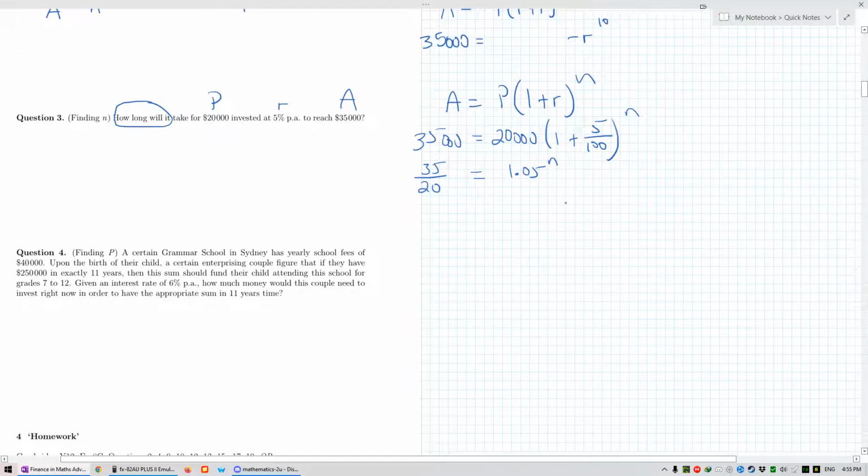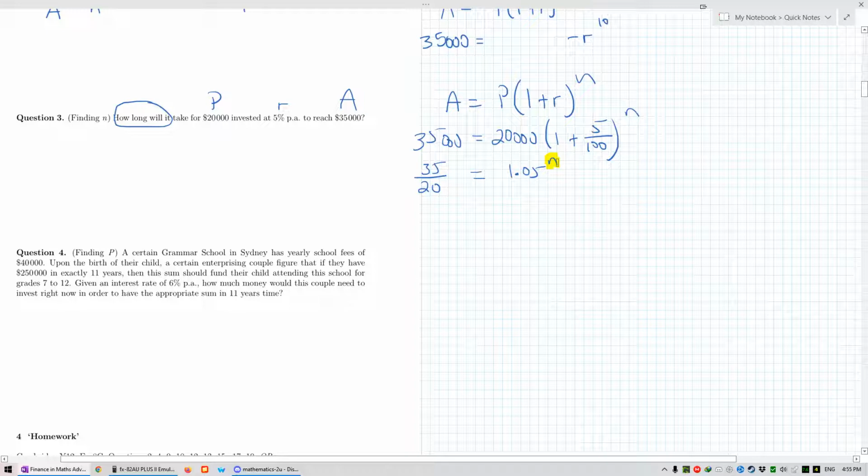So how do you solve this? Okay, so here's a tip. Anytime you have the variable in the power, you can see over here, the missing variable, the thing we're trying to solve is a power. It's always going to be a logs question. Off the top of my head, I cannot think of any other way to solve this.